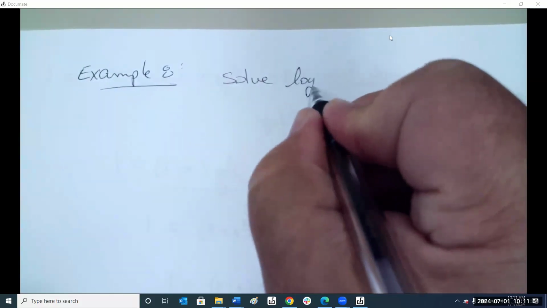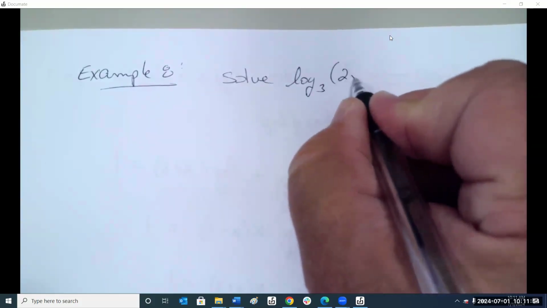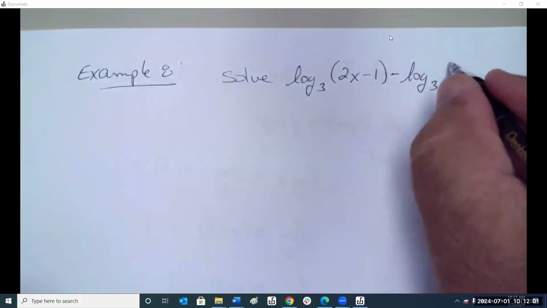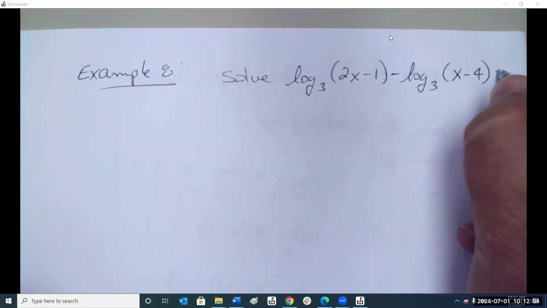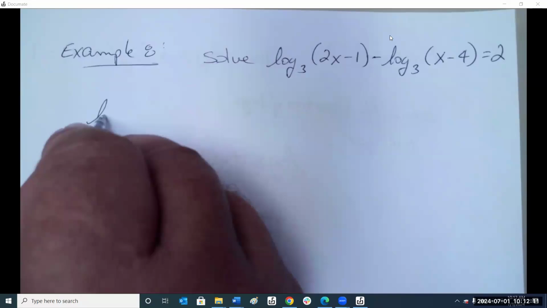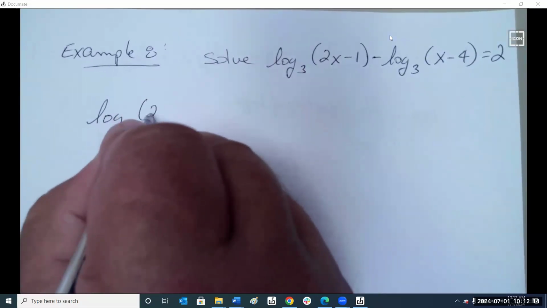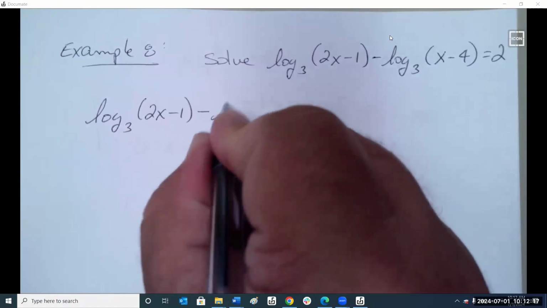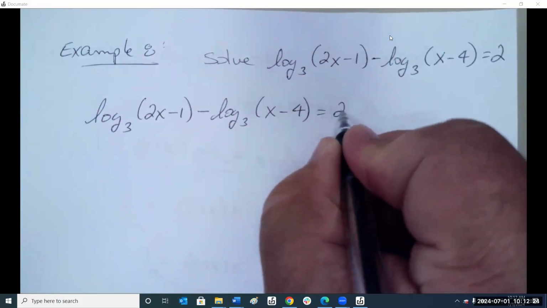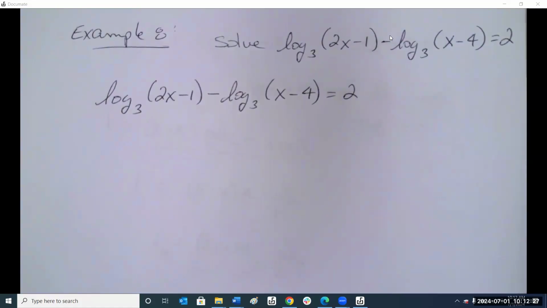Let's look at example 8. Solve log base 3 of 2x minus 1 minus log base 3 of x minus 4 equals 2. So how would you go about solving this?